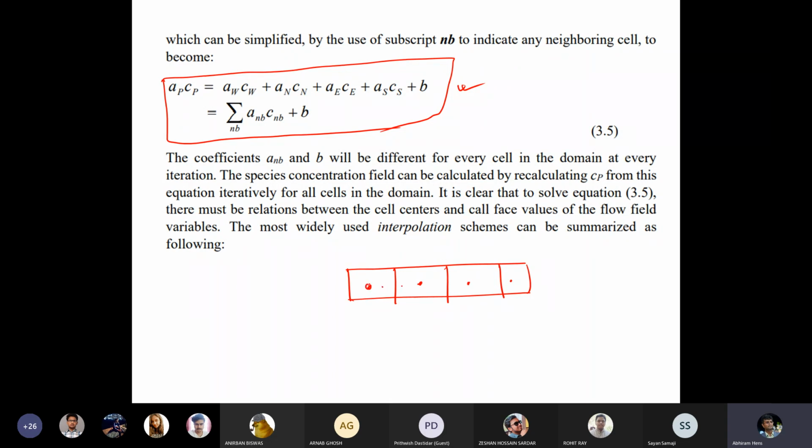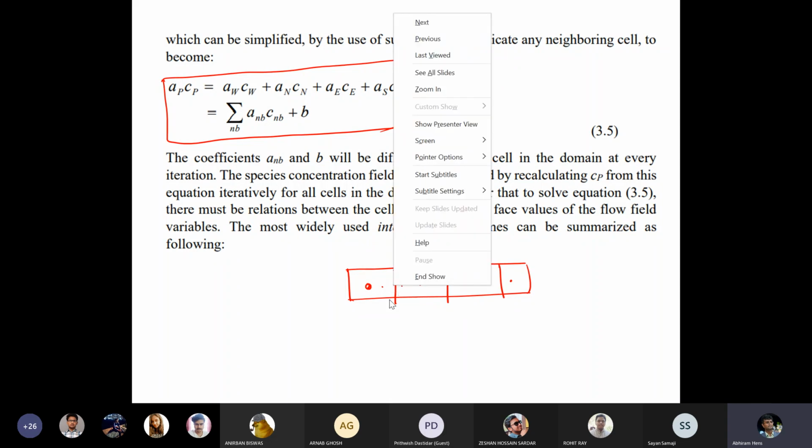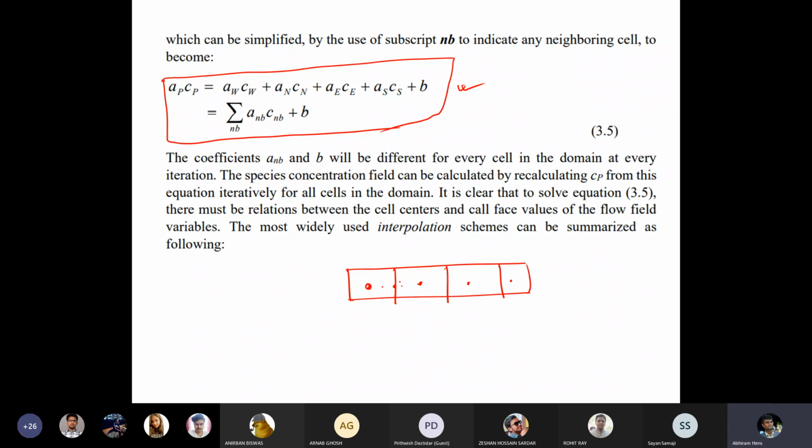From the center of the volume you should get the value at this face, because the value of any variable at the face is important to know. Let's say you know u at this point P, then you must know the value at the east face of P. So how to do that? We need to do some interpolation, between this point and this point, and find it out.